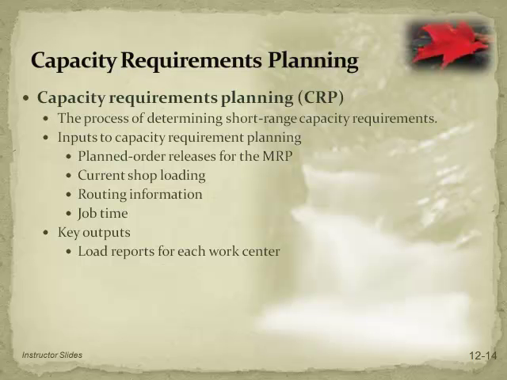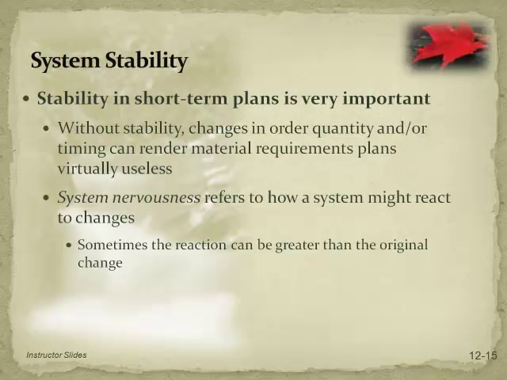So once I know what the capacity requirements are, I can then compare that to what the available capacity is. And if the capacity required exceeds the available capacity, then I've got a problem. I don't have enough capacity, and I need to look for a way of resolving that.